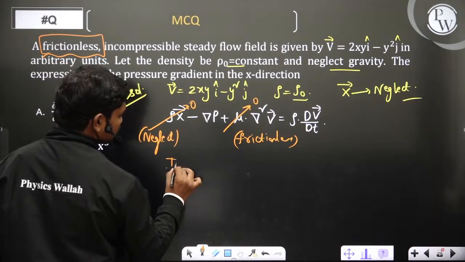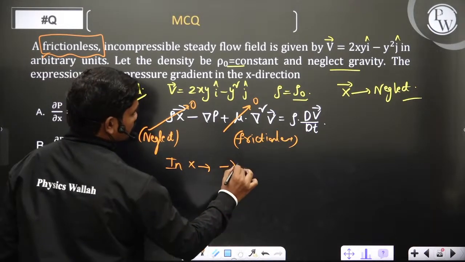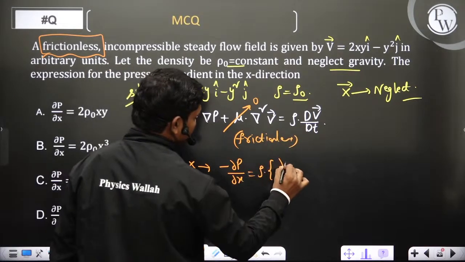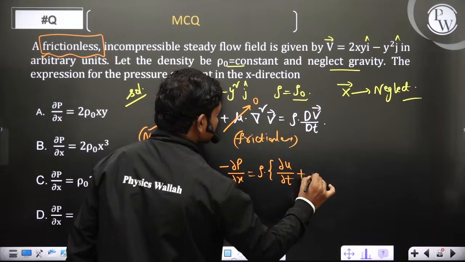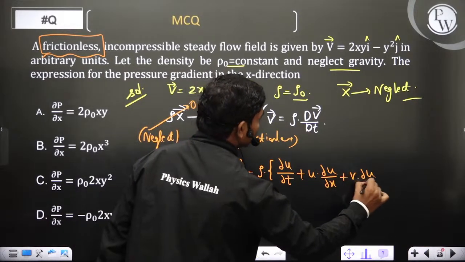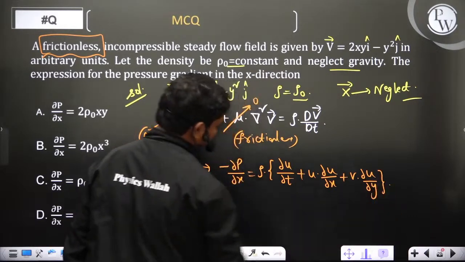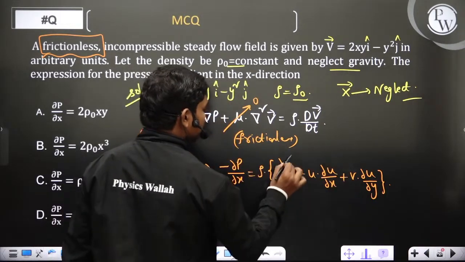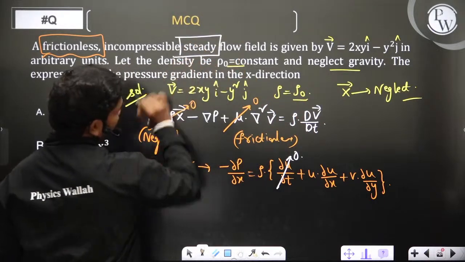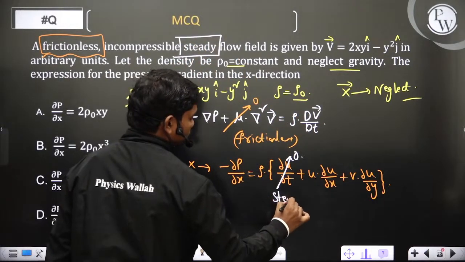So in the x direction, minus del P by del x is equal to rho into acceleration in the x direction: dou u by dou t plus u into dou u by dou x plus v into dou u by dou y. The first term is 0 because it is a steady flow.